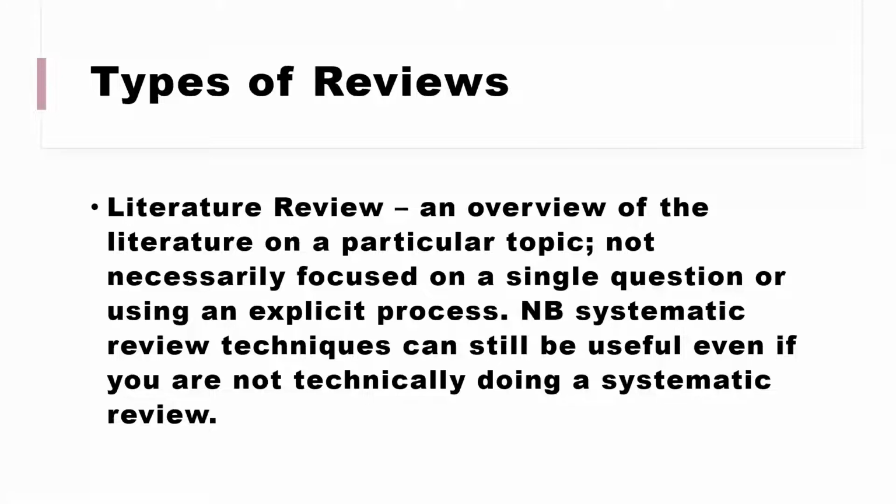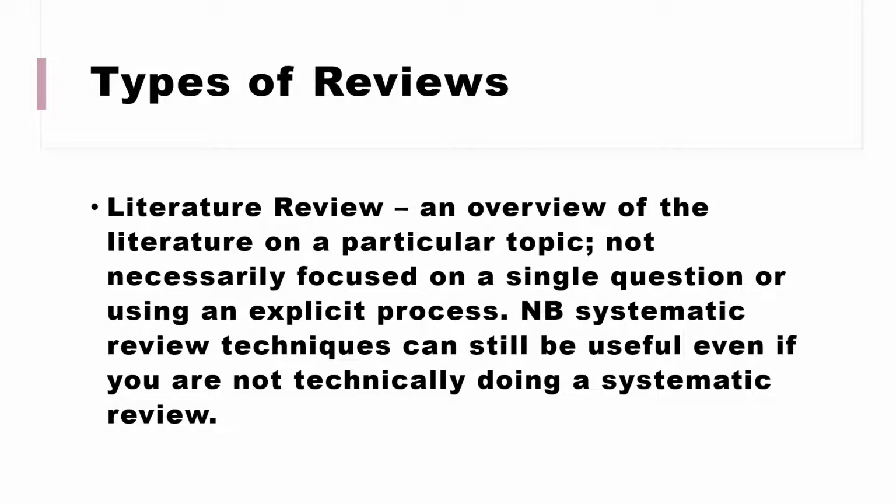So maybe you're not actually doing a systematic review, but maybe you're doing another type of review. Each type has a specified process and specified requirements, but they do also have a lot of things in common. And the techniques and tools that we're going to look at are relevant across a lot of different review types.